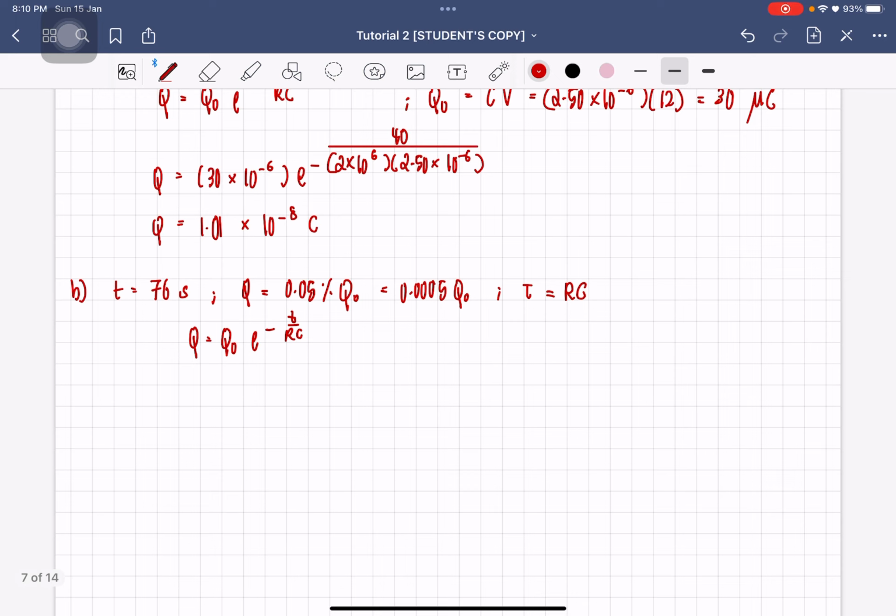Okay, so substitute all the values: equal to Q naught e to the minus 76 seconds over tau, which is what we are looking for, and this Q naught can be cancelled, so we can then take ln on both sides.